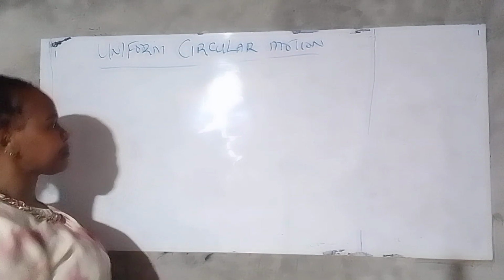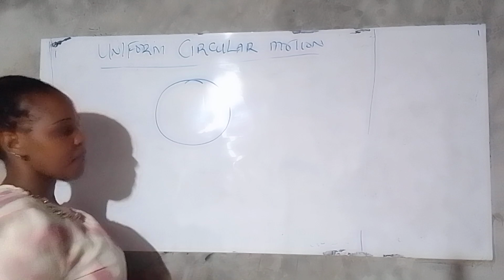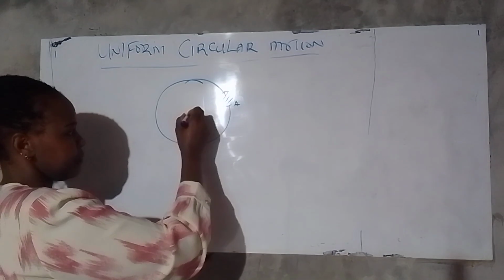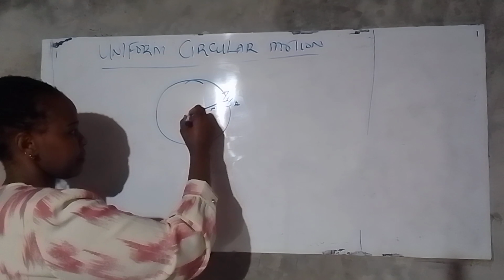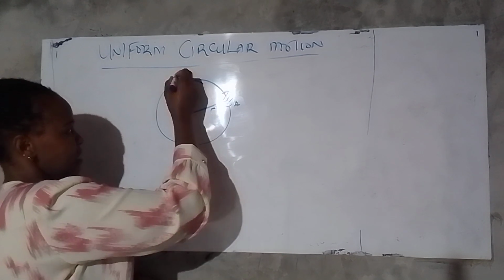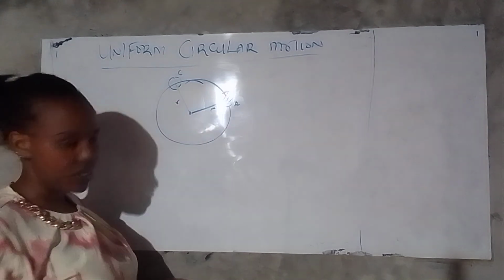And we said that if that is the circular path, and you have a body that is moving, let's say it's moving from A, that's the radius, and it's coming to another point, let's say like C, then remember this is also a radius, don't forget.